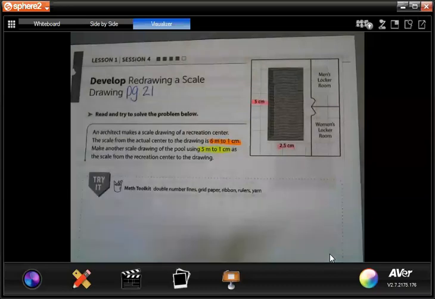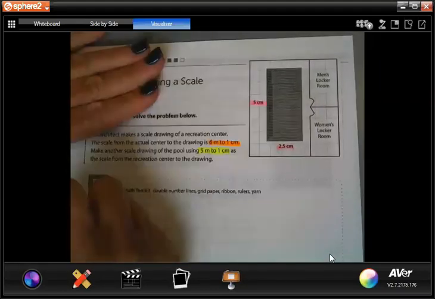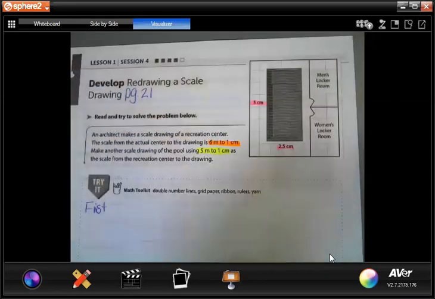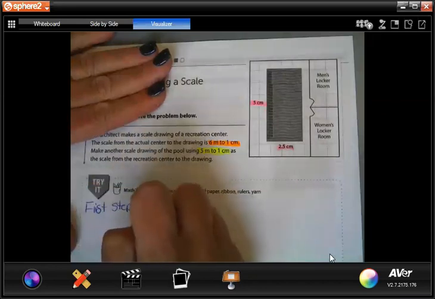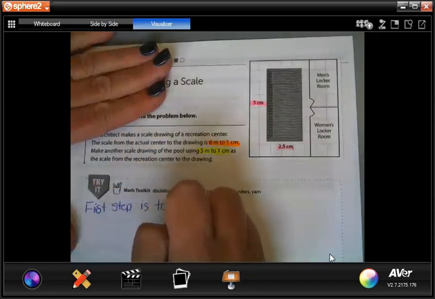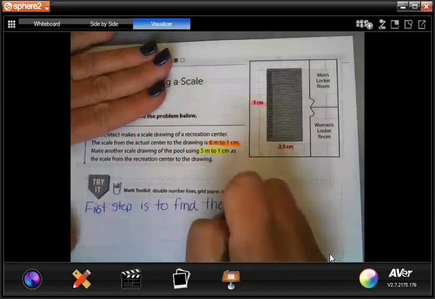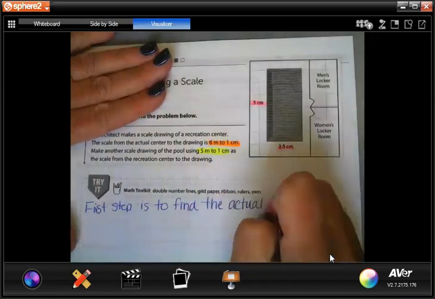Okay, so the very first step that we have to do, might be helpful if I spell it right, our first step is to find the actual dimensions.